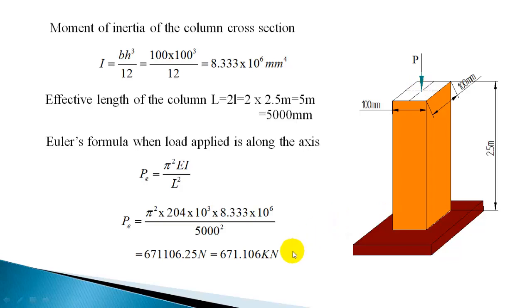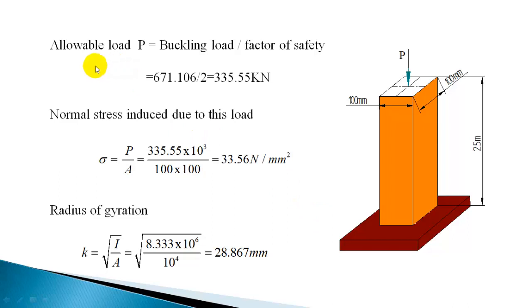Now the allowable load you can find out by dividing this by the factor of safety, and you get it as 335.55 kilonewton. So the load that can be applied on the column safely is 335.55 kilonewton.